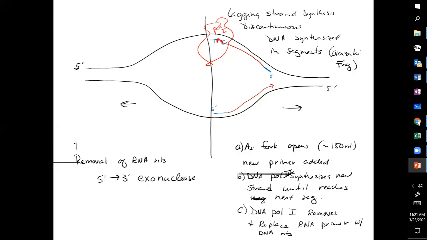So this is DNA polymerase 1. It's a specialized polymerase, which has catalytic activity that both removes the primer using a 5' to 3' exonuclease activity and adds in new nucleotides with its 5' to 3' polymerase activity.